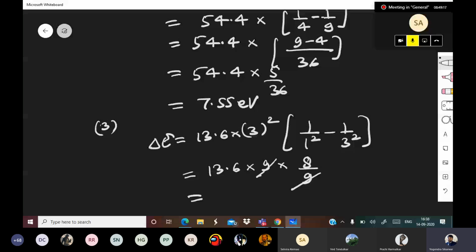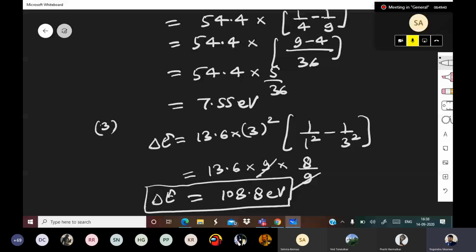So 13.6 into 8. How much is that? 108.8 eV. So this much will be the energy released in each case.